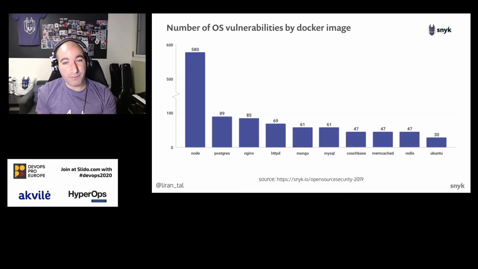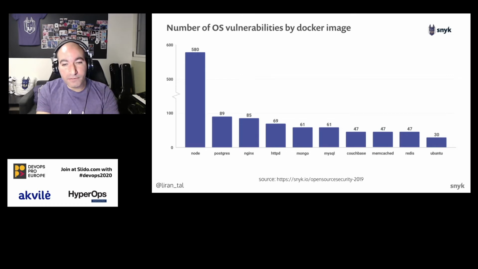The thing is, if we had scanned all of the top 10 most popular container images on Docker Hub, their Node and latest kind of Docker images by default, this is what we'd find. We'd find that Node has 580 vulnerabilities inside it.